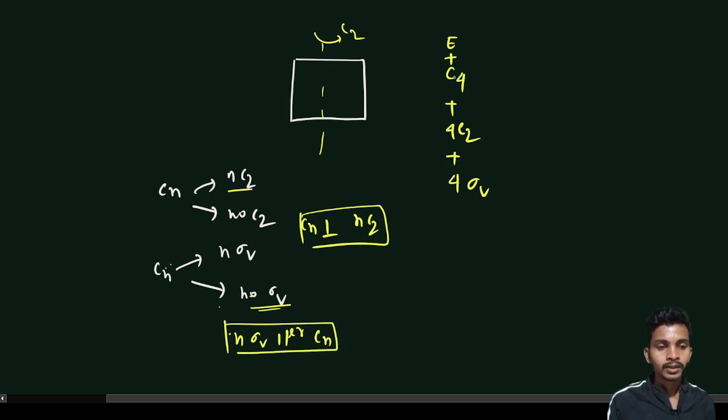But now here C4 is also present, C2 is also present, and sigma v is also present. This C2 is perpendicular to C4 and this is parallel to C4.